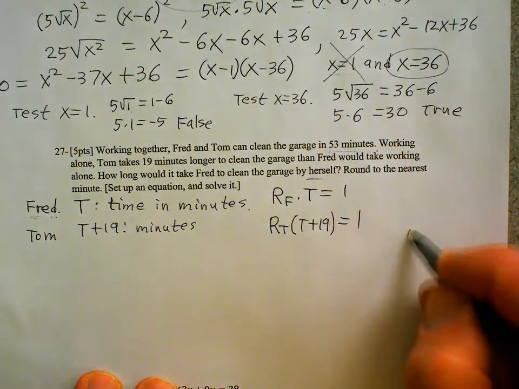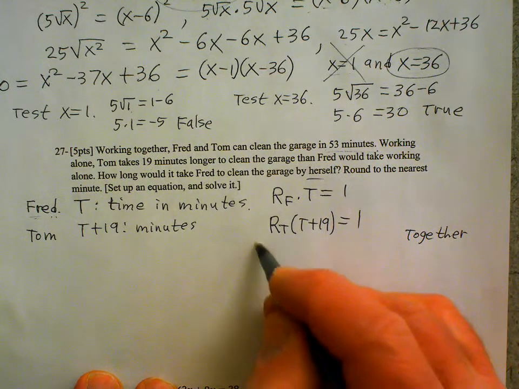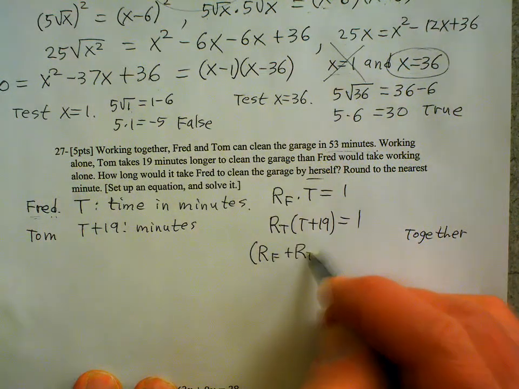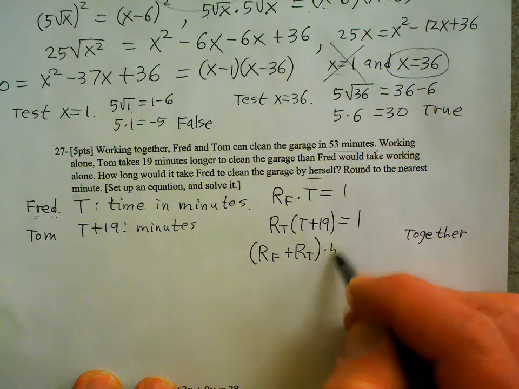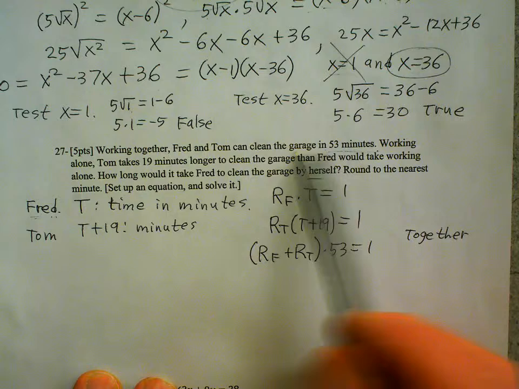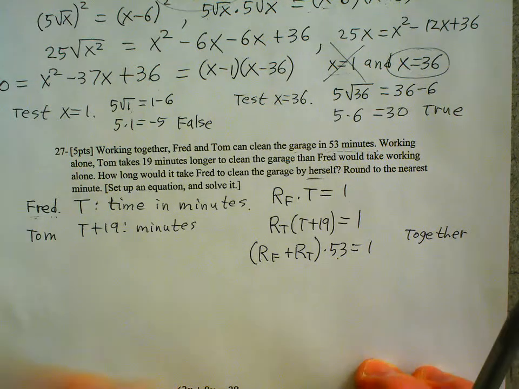And then when they work together, Fred's rate plus Tom's rate times 53 minutes equals 1. We're told in the first sentence that when they work together, it takes 53 minutes.